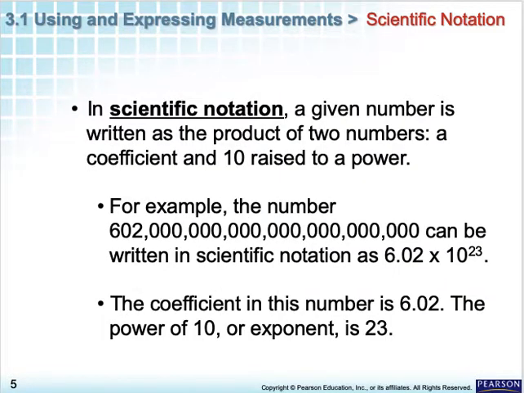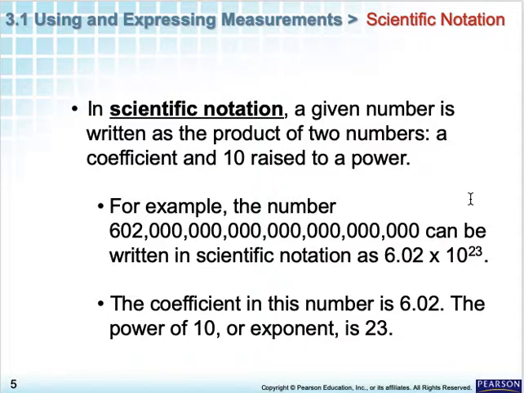When we have something in scientific notation, we need a number that is a coefficient, and it is multiplied by 10 raised to some power. And that first digit has to have only one place prior to the decimal point.